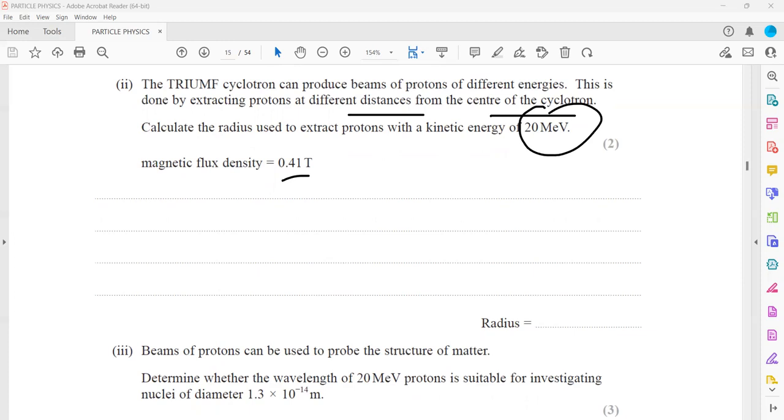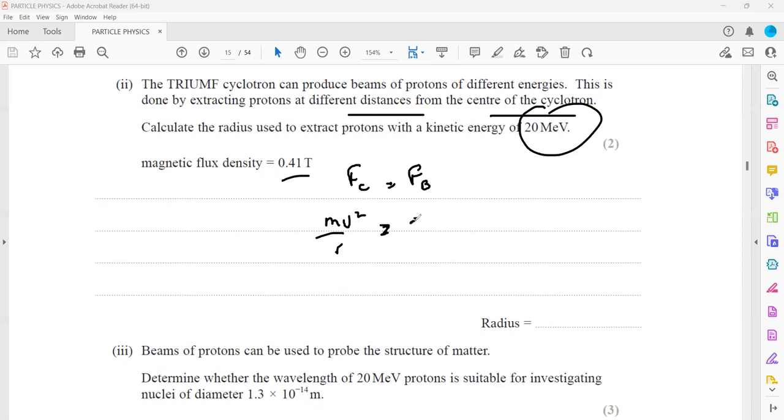So to work out the radius, here we already have the momentum. Like in the previous part we worked out the momentum. Because what happens, the centripetal force is equal to the magnetic force. The centripetal force is mv squared over r, and the magnetic force F is equal to qvB.